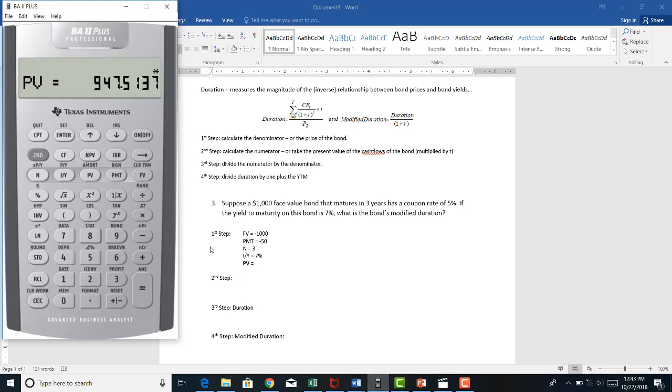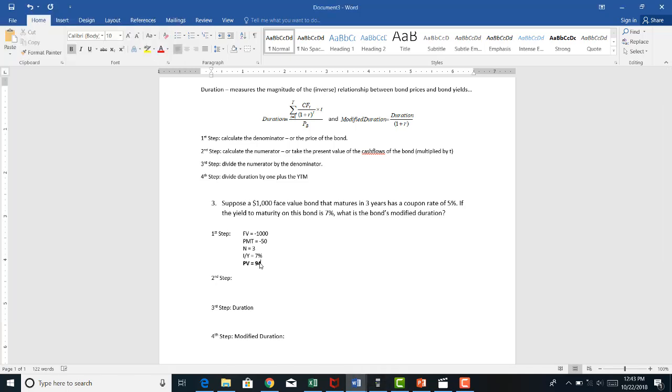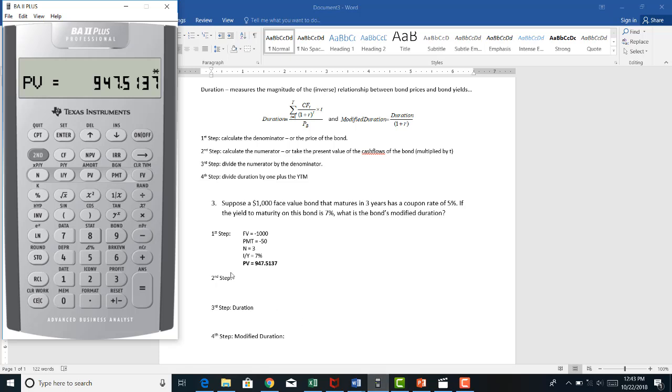Consistent with our intuition, it is. It's $947.5137. So there's the price of the bond. That's the denominator in the duration formula here.